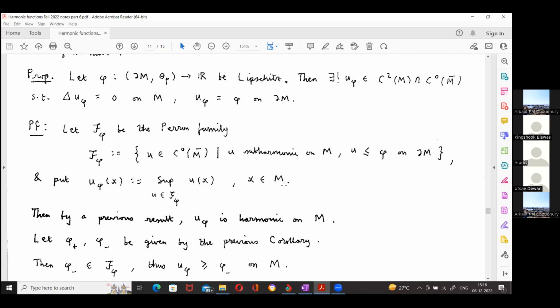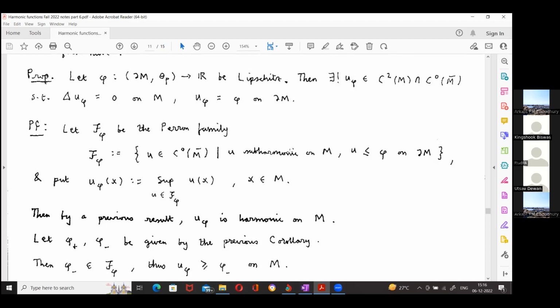Okay, x in M. Note, my function phi on boundary M is Lipschitz, so it's continuous, so it's bounded above and below. So this Perron family is non-empty. I can just take any constant c which is less than or equal to the infimum of phi, right? That will belong to the Perron family.